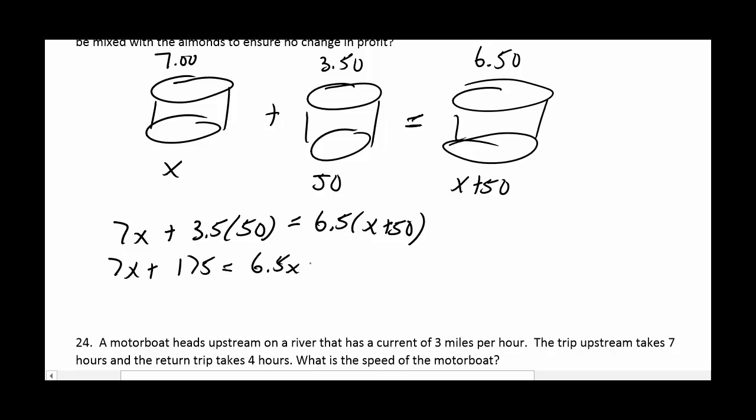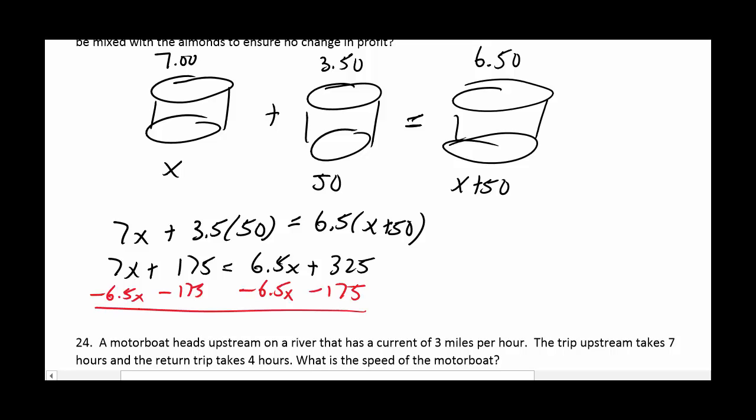And that's 6.5x plus 6.5 times 50, which is 325. Let's see. If I subtract off 6.5x and subtract off 175, I should get 1.5x equals, and then 325 minus 175, which is 150.